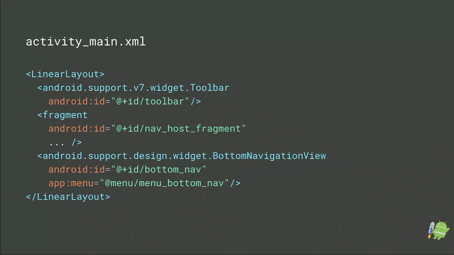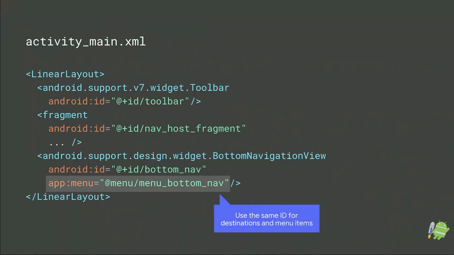One, your menu here is actually going to be using the same IDs that you've had on each destination. So each destination has a unique ID. And we can actually use those same IDs on your menu items. So that builds this implicit link of, if you click the home menu item, you're going to go to the home destination of your app.